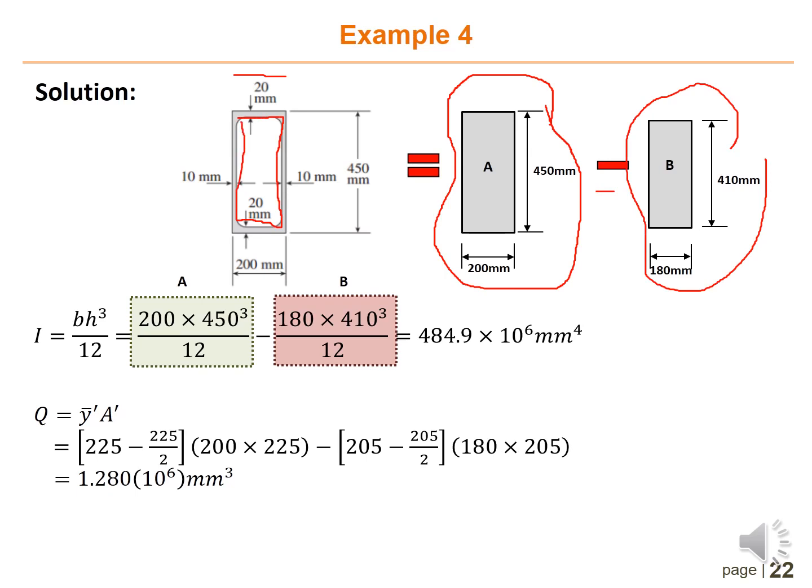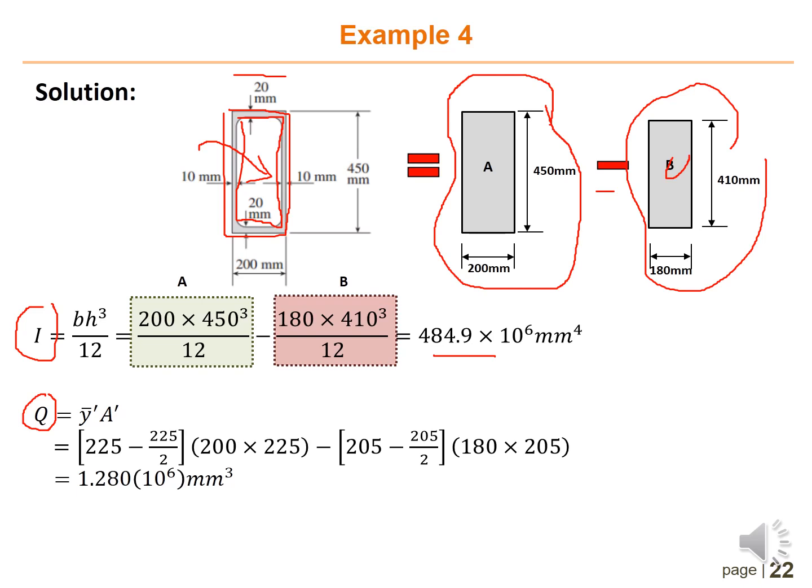So for all the calculation of I and Q, first you have to determine for the whole outer part, and then you have to subtract the inner part, which is B. You will get I equal to 454.9 times 10 to the power of 6, and for Q, you will get 1.28 times 10 to the power of 6.